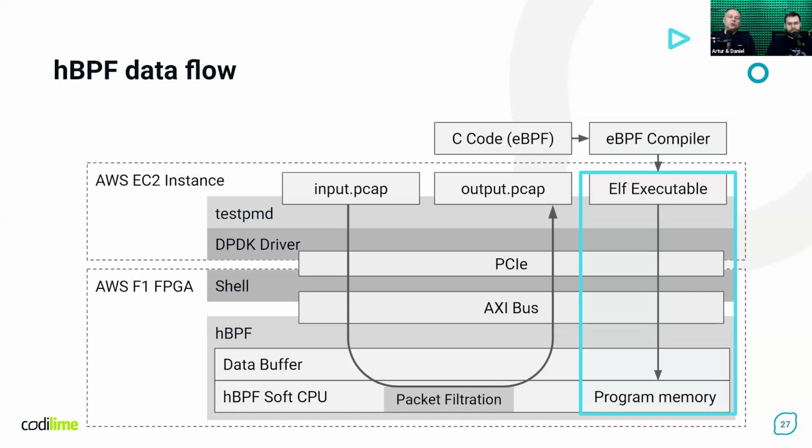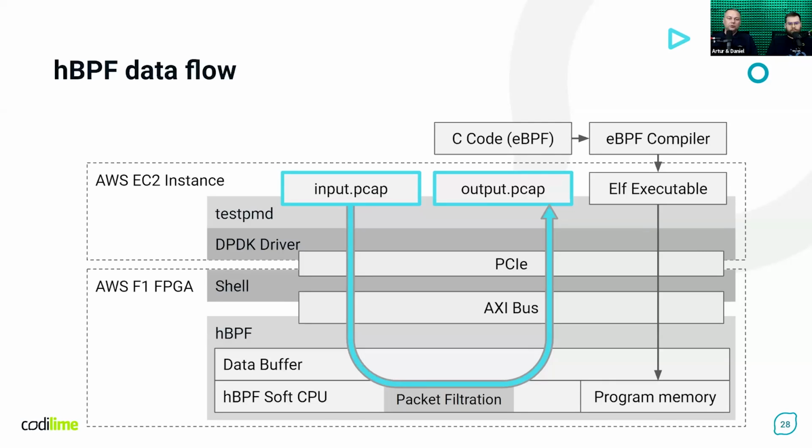Initially, our application sends machine code extracted from the BPF executable to the hBPF program memory. Then it opens the input pcap file and sends data packets to the hBPF data buffer. Data control flow on the PCI Express bus is done through the shell by setting a not ready signal on the AXI bus.